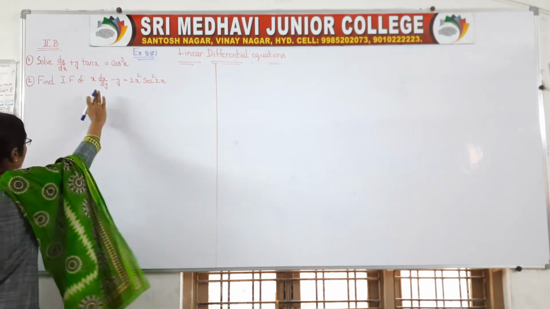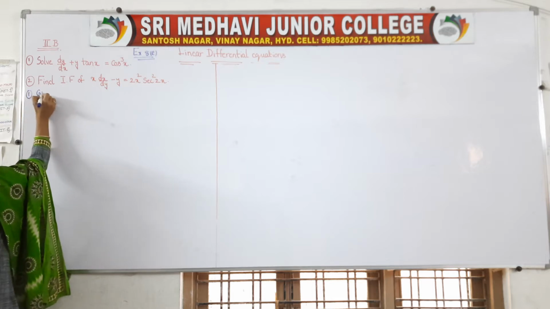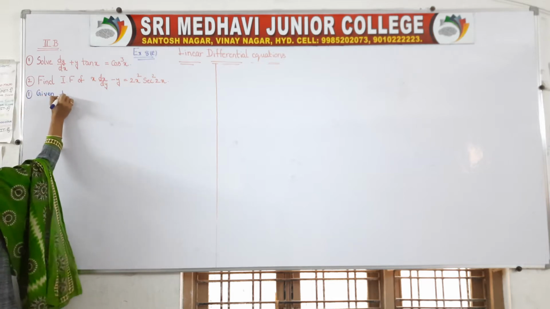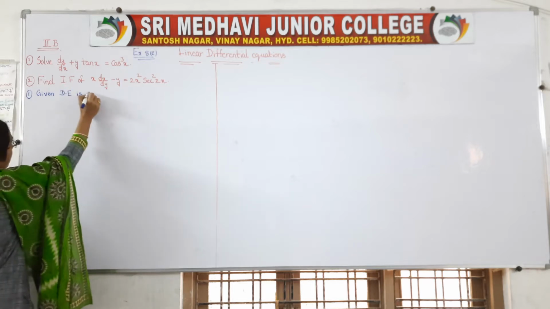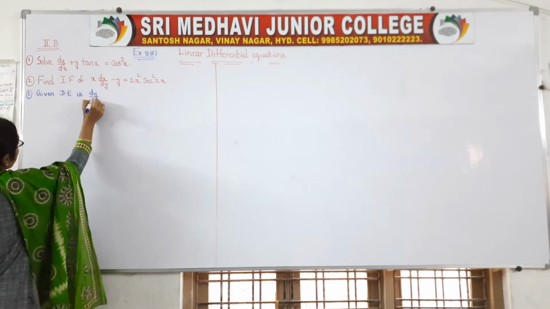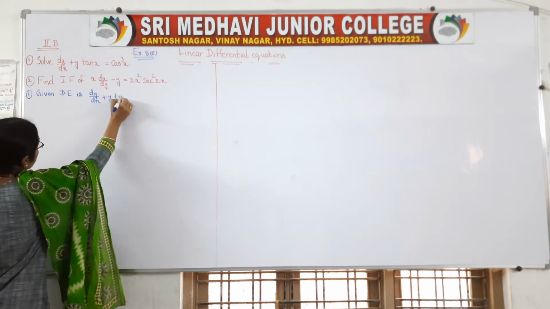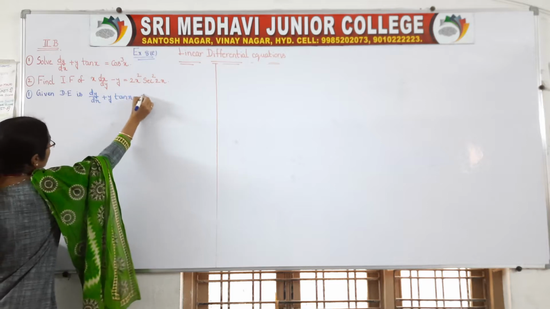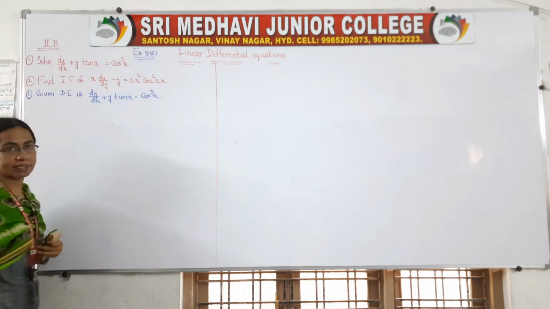So come on, first you take the first question. The given differential equation is dy by dx plus y into tan x is equal to cos cube x.